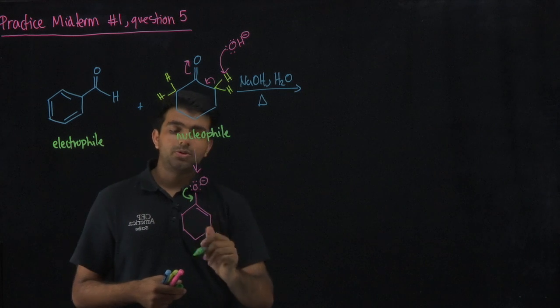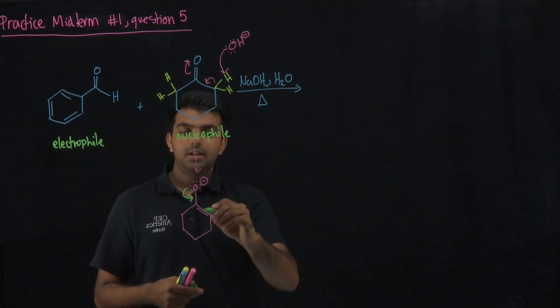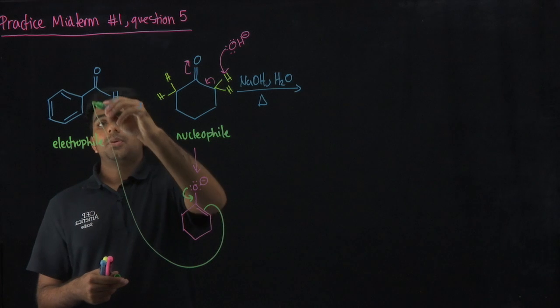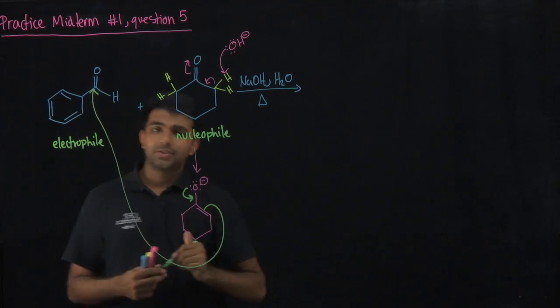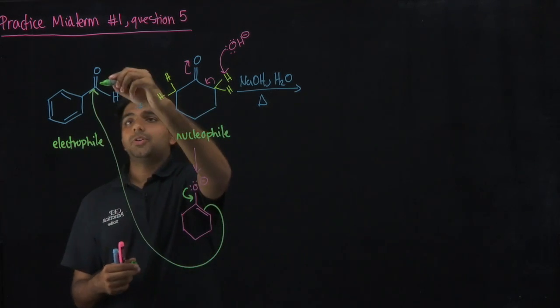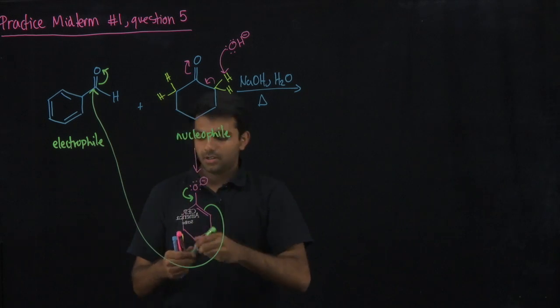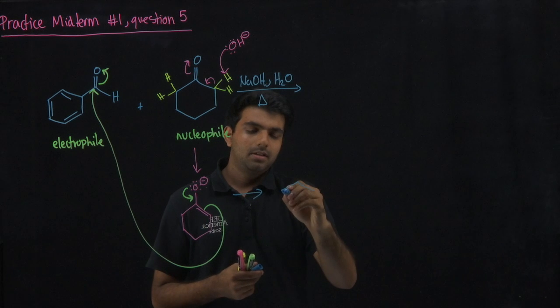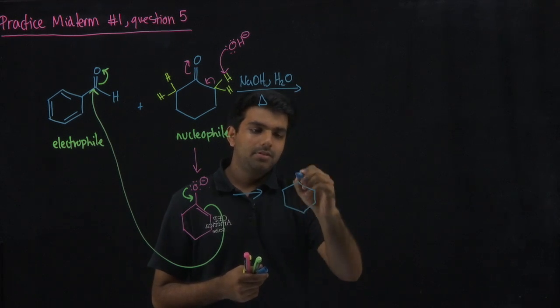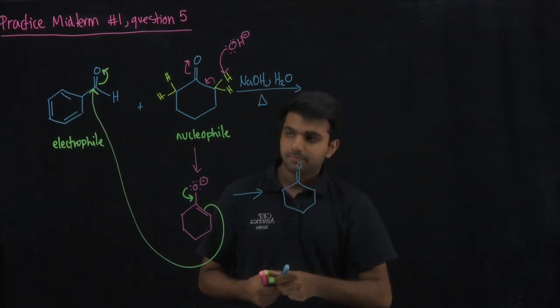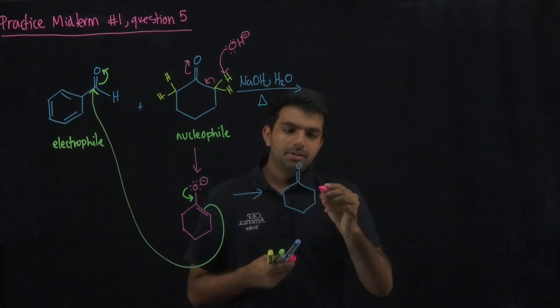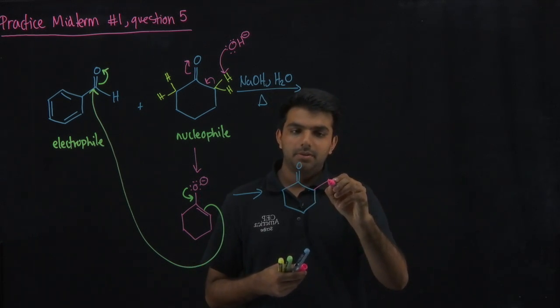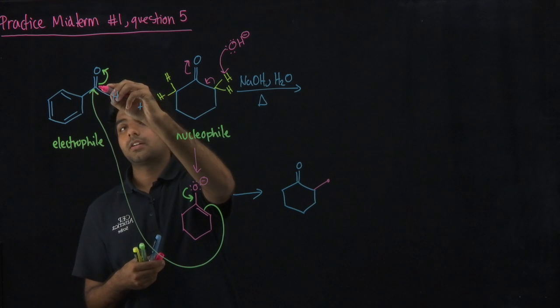The electrons on O will drop down to reform a carbonyl, and these electrons will go in and hit the partial positive carbon of the carbonyl, pushing these electrons onto the oxygen. And so what we end up with is our ketone. Our ketone is attached to the carbonyl carbon, which is going to be the pink dot.